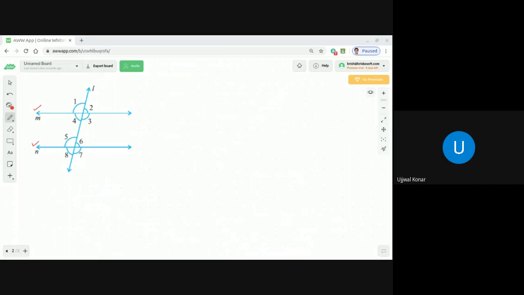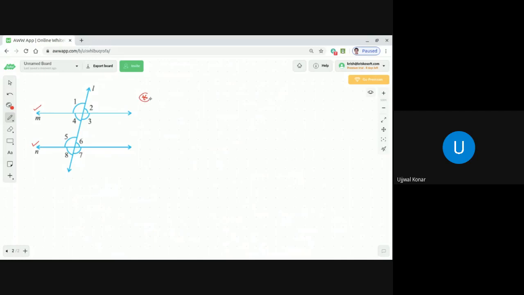From this observation, the first axiom I am going to state is that if a transversal intersects two parallel lines, then each pair of corresponding angles is equal.